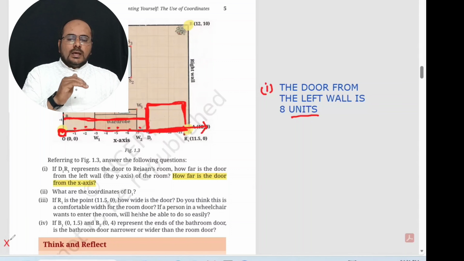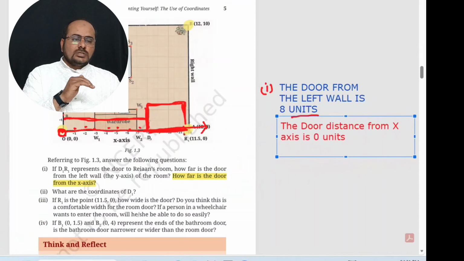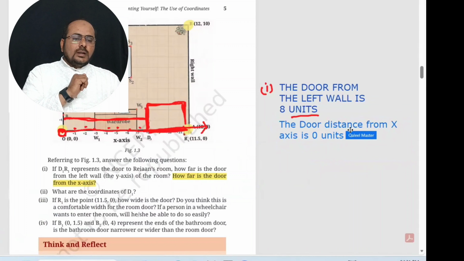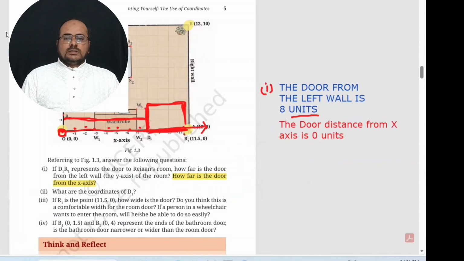It means the unit will be 0. What can we take, my dear? 0. The first question's second statement answer is the door distance from the x-axis is 0 units. How many units? 0 units. Why? Because the door is completely situated on the x-axis itself. There is no distance. Hope you understand. Right. Now come to the next question. Clear this all.